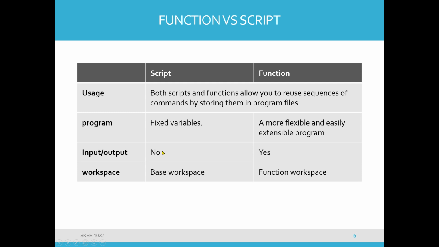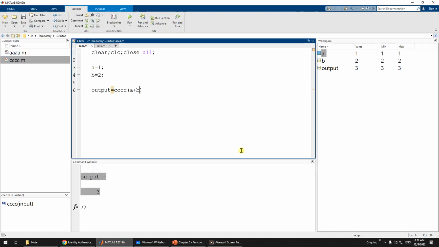A script has input and output: no, or actually yes, it has input and output, but they are right inside the script. And for workspace, you have a base workspace and a function workspace like I mentioned before. The data you write here will not be the same as here.